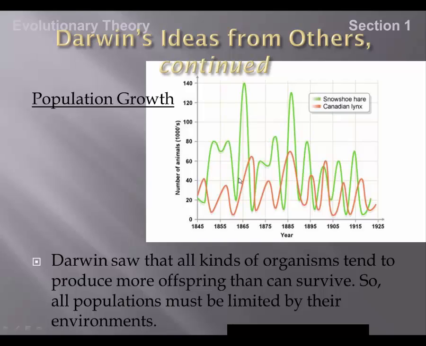And a short while later, the lynx population increases. And as the hare population decreases, the lynx population soon decreases as well. So they are related to one another. It's called a boom or bust population graph. As food is available, the population increases. As that food becomes less available, the population decreases.